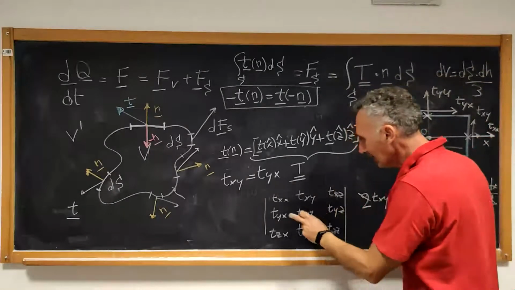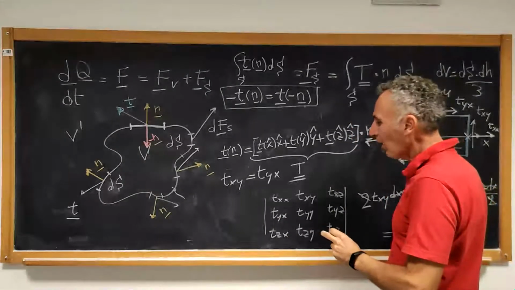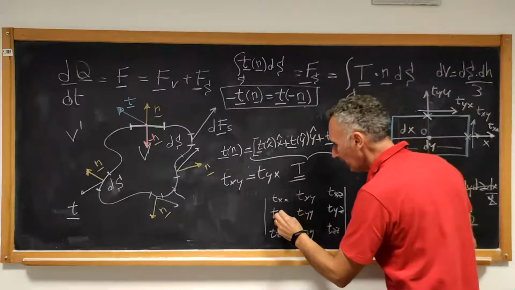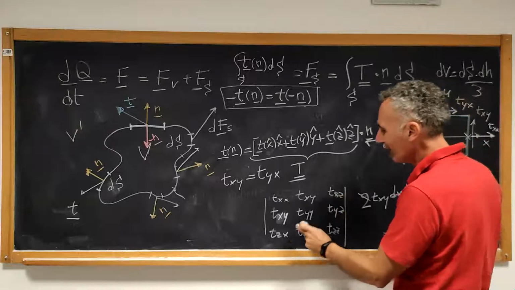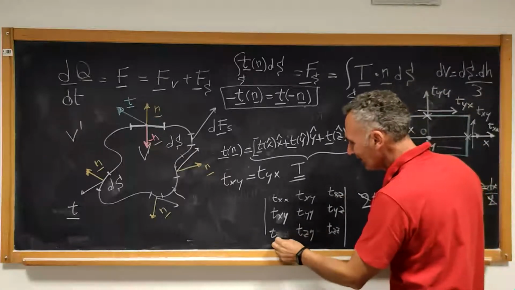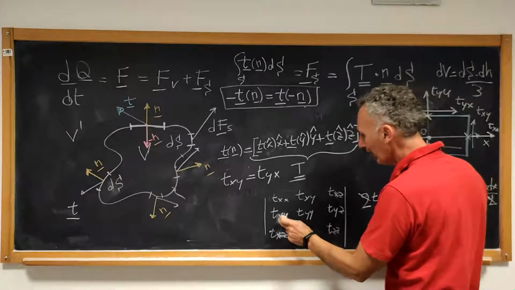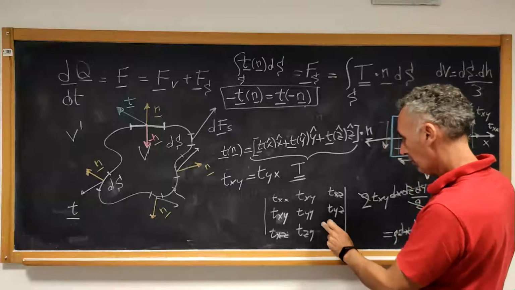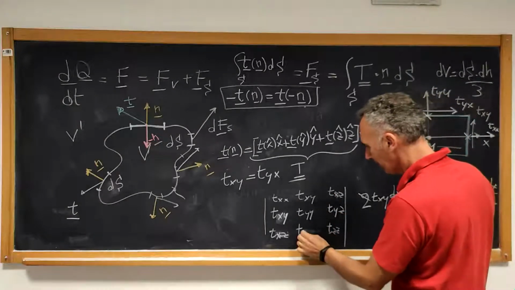This implies that here this would not be tyx, it would be txy. I just derived here xy, but similarly this is txz, and this would be txz as well, and the same here, xy, and this would be yz, and this would be yz.